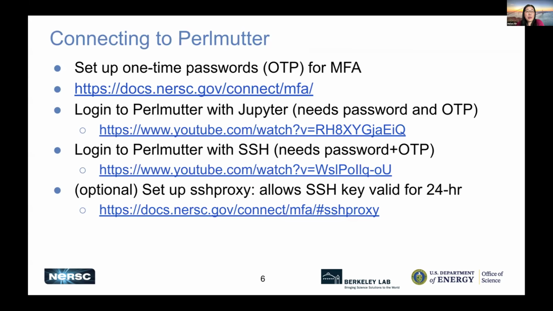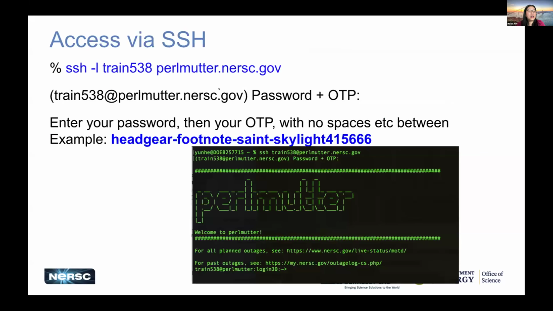You log in with either SSH, using password plus OTP, or using Jupyter. I'll show you both. For SSH, use your train number on Perlmutter, and put your password. The password looks like four words strung together, and your OTP is 6 digits. With no space in between, just SSH in.